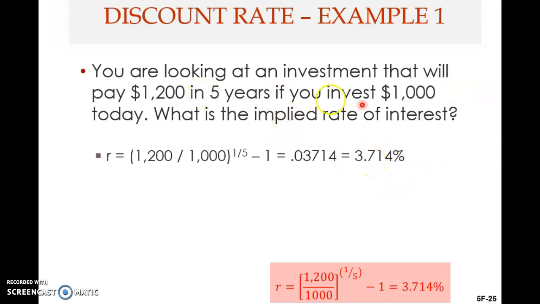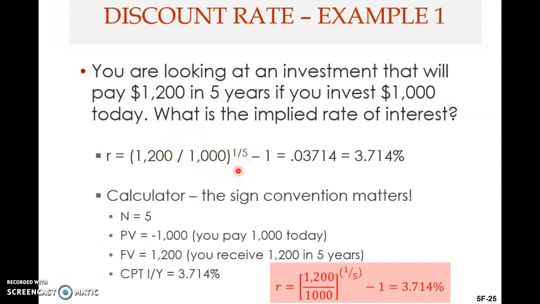Now note this, if you're using the sign convention, invest would be a cash outflow, negative 1,000, and it says it will pay, which means you receive 1,200 after 5 years, so this is positive. You can solve using the formula this way, or you can also use the calculator. We'll look at the calculator a bit later on.